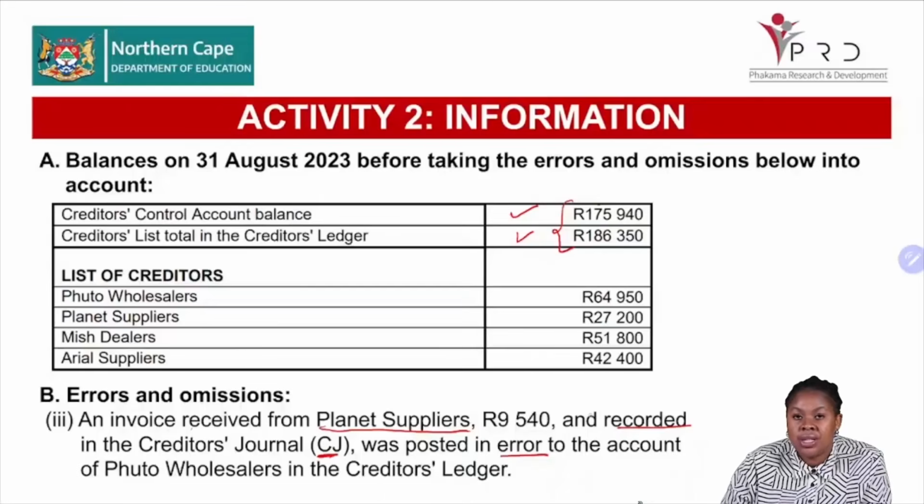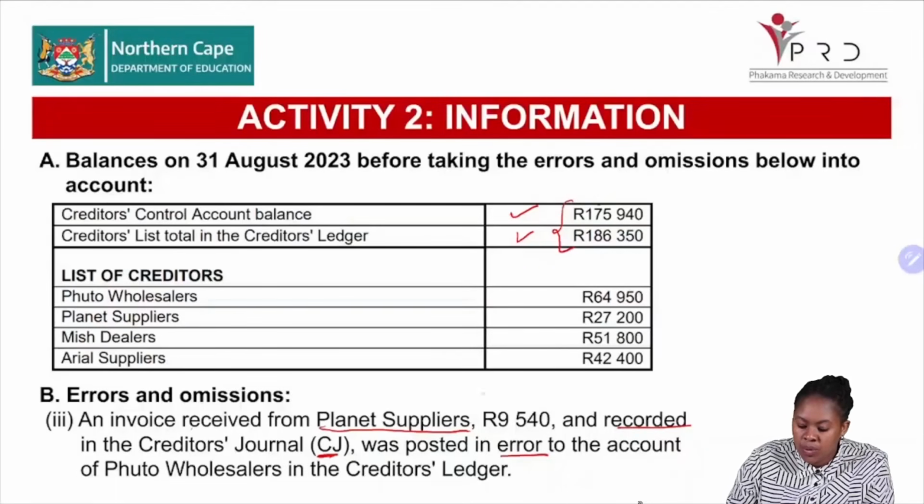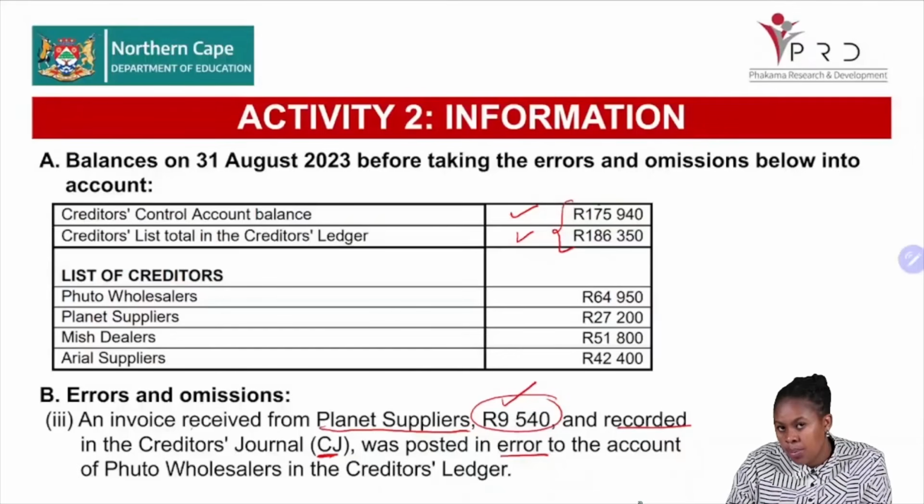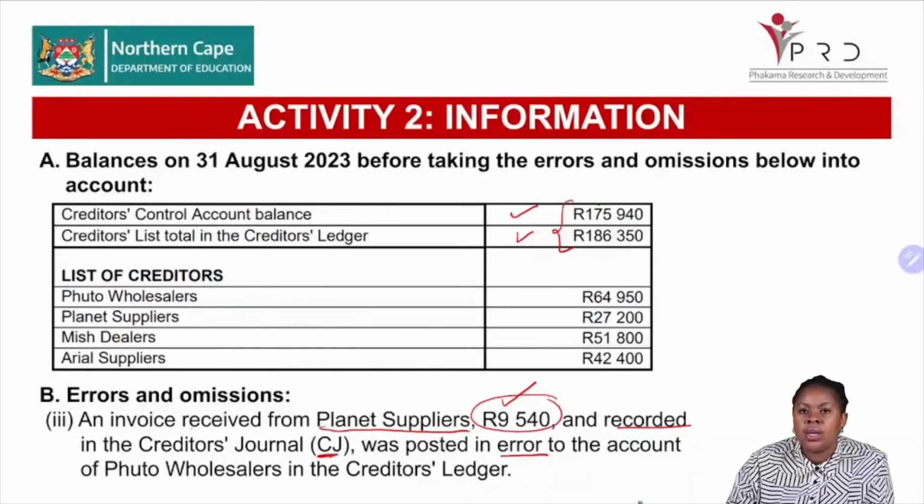Now, this transaction is a no entry. Why? Because we've already recorded the 9,540 in our creditors control. No problem. The only issue is that in our creditors list, right, we did not put the amount at the correct creditor. However, the total of the creditors list will still remain the same.